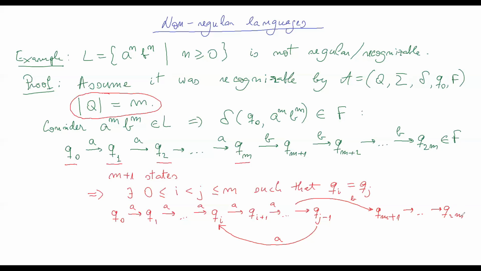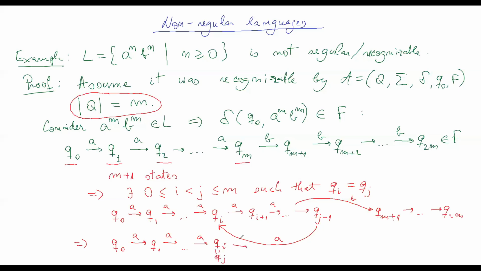The point is that we have this cycle here. So what this means is that I can also have this computation. I go from Q0 to Q1, and so on to Qi, and remember this Qi is the same as Qj.